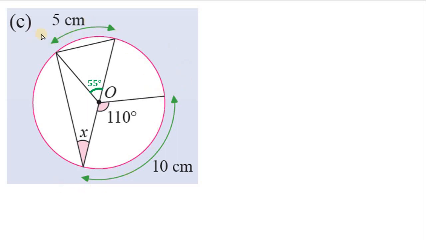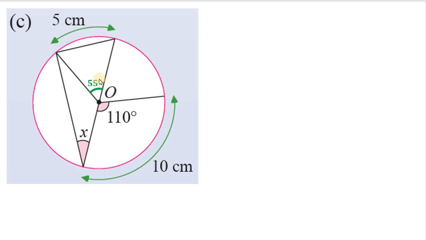So the arc is half, 5 centimeters is half of 10 centimeters, so the angle will also be half of the other. So this angle we easily get is 110 divided by 2.